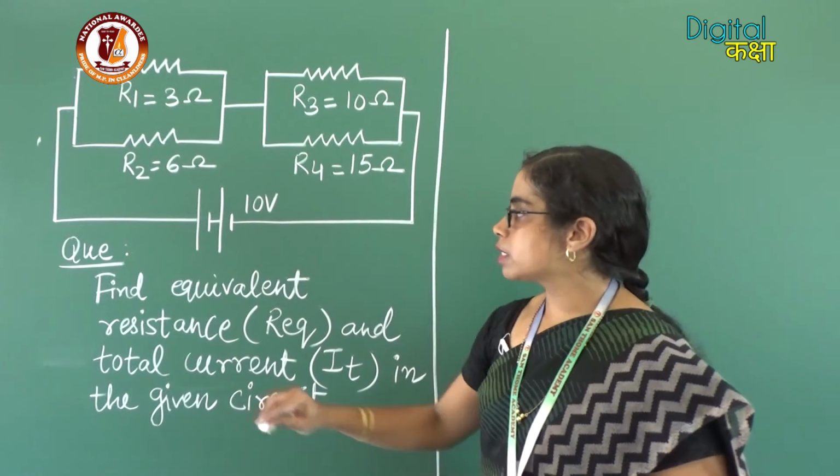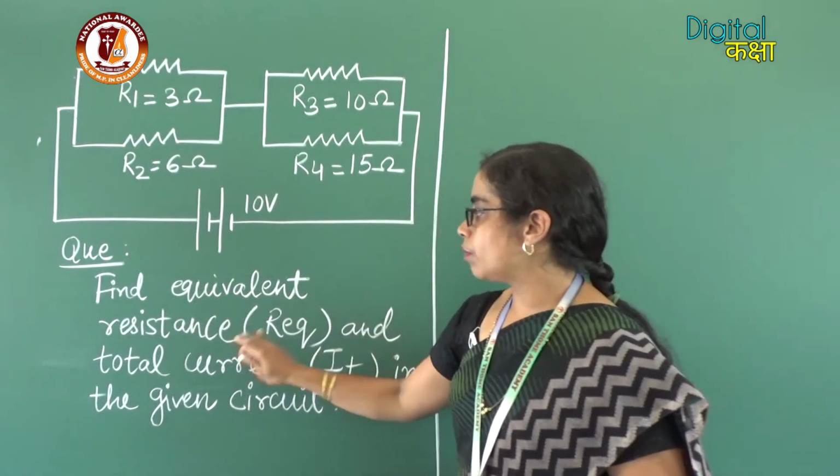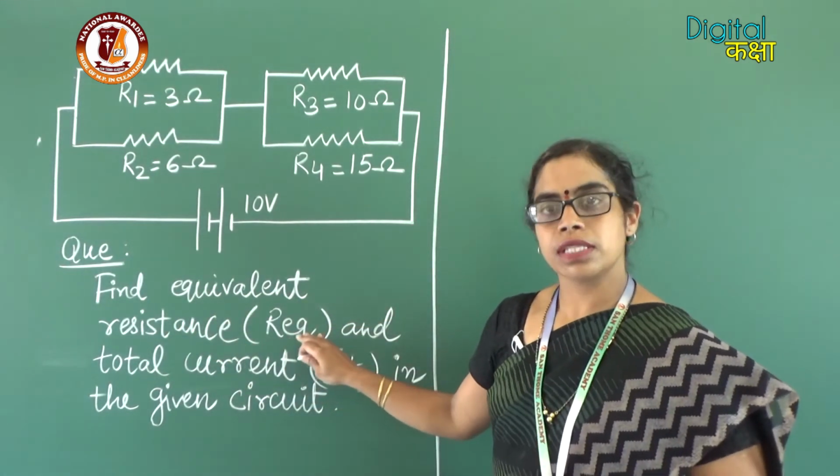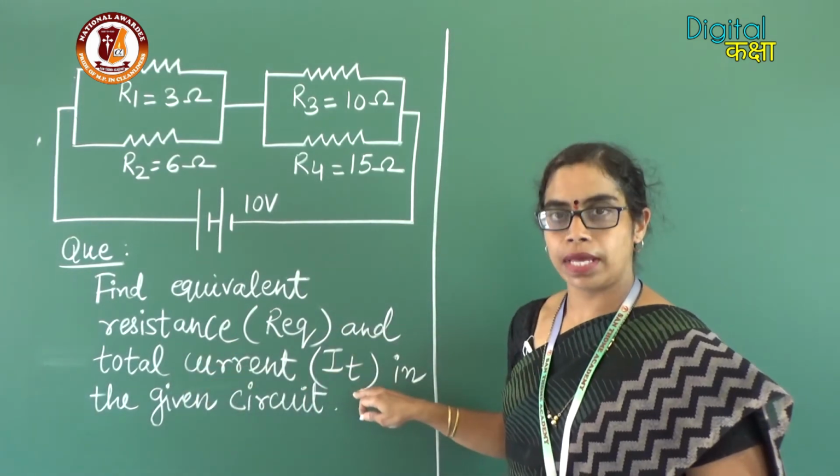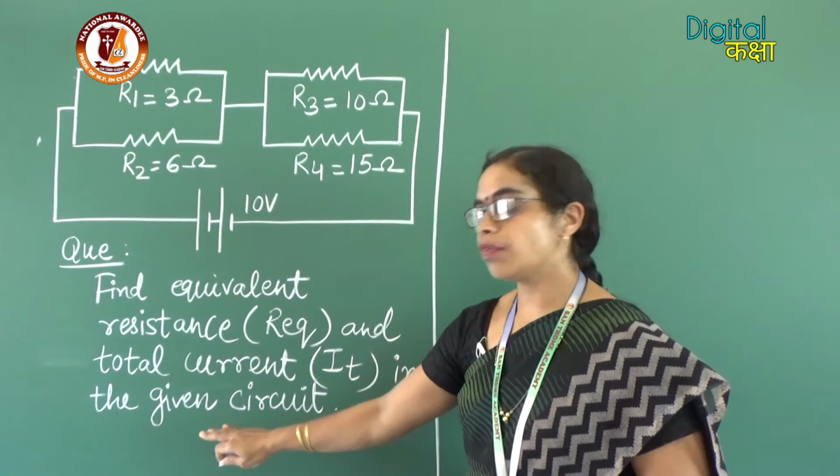So the question is given, find equivalent resistance, that is Req, and total current represented by IT in the given circuit.